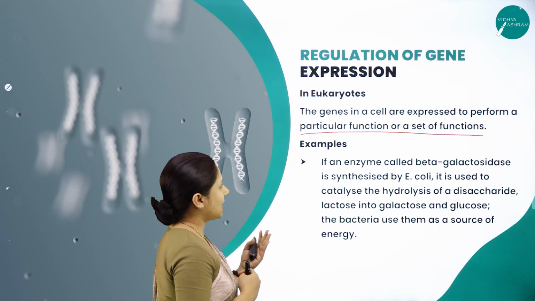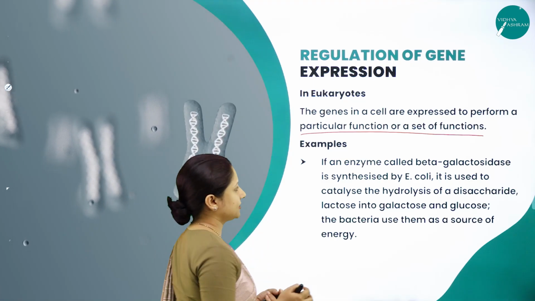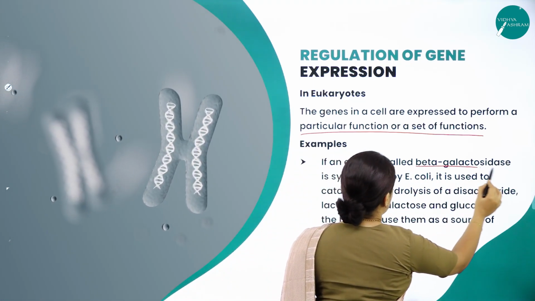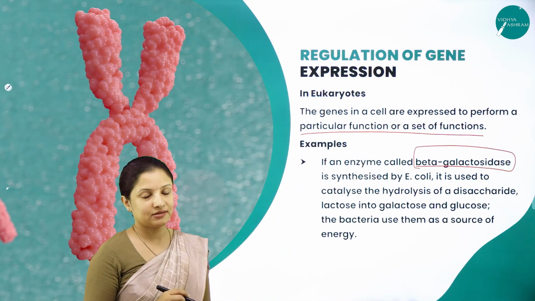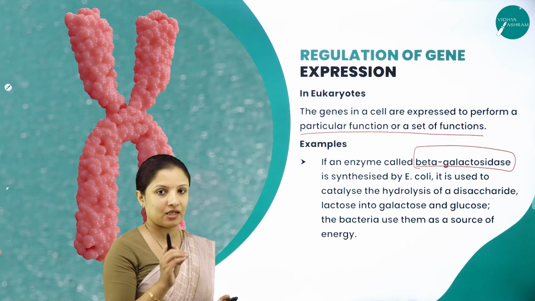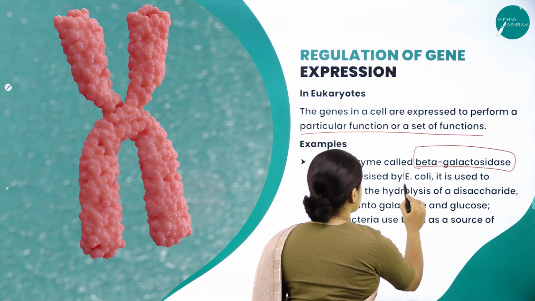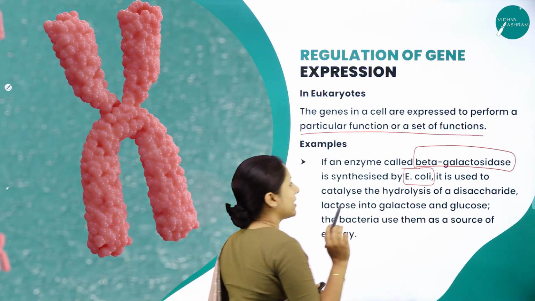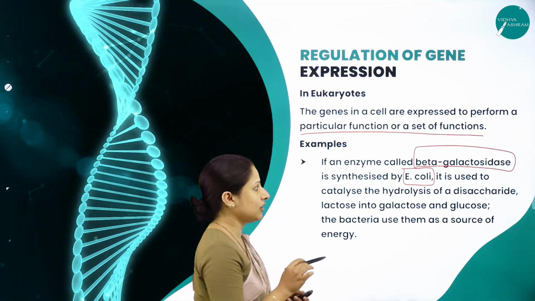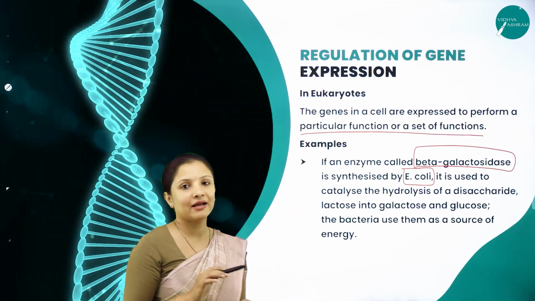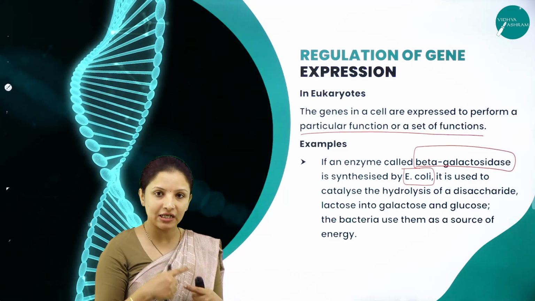Here, for example, there is an enzyme called beta-galactosidase. This beta-galactosidase enzyme is synthesized in a bacteria called Escherichia coli. The enzyme is used to catalyze a particular function.